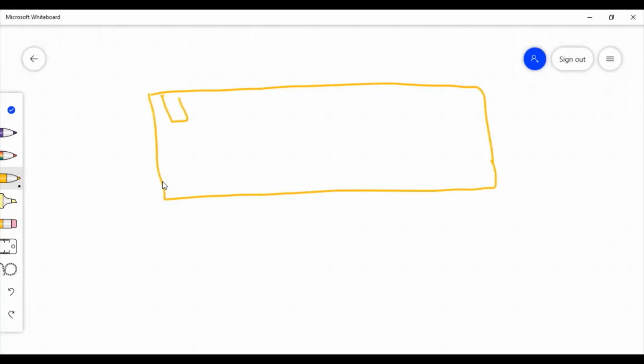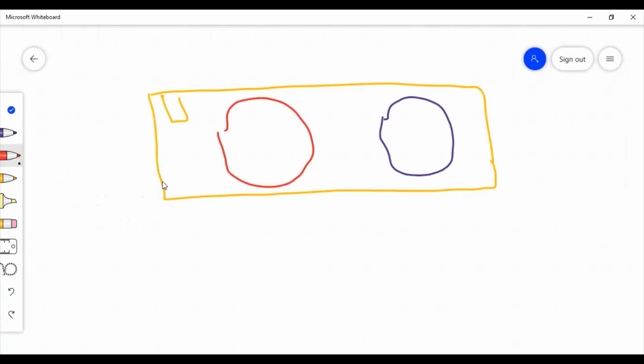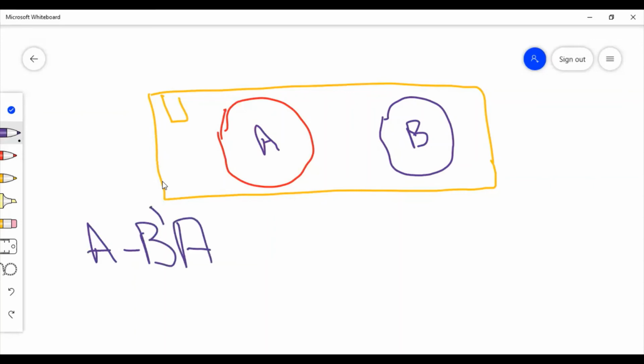We should say this is U. Then we will have to draw our set B, then set A. This is A, and this is B. Our question was A minus B intersection with B, that was the empty set.